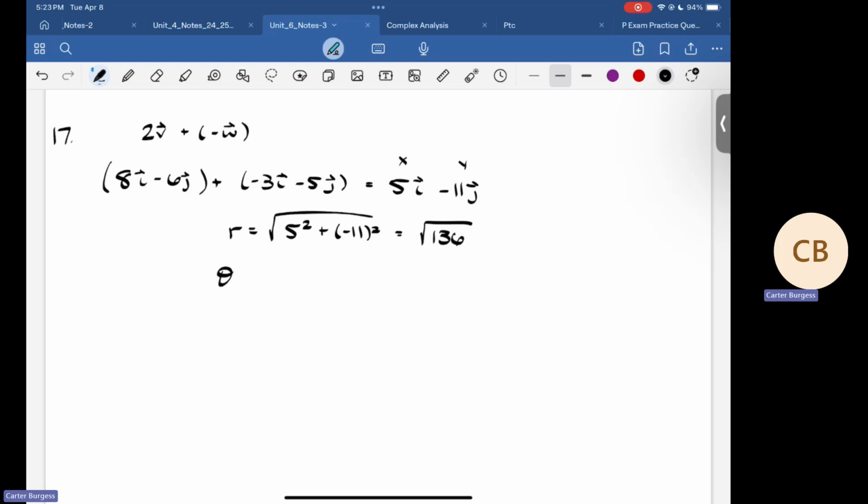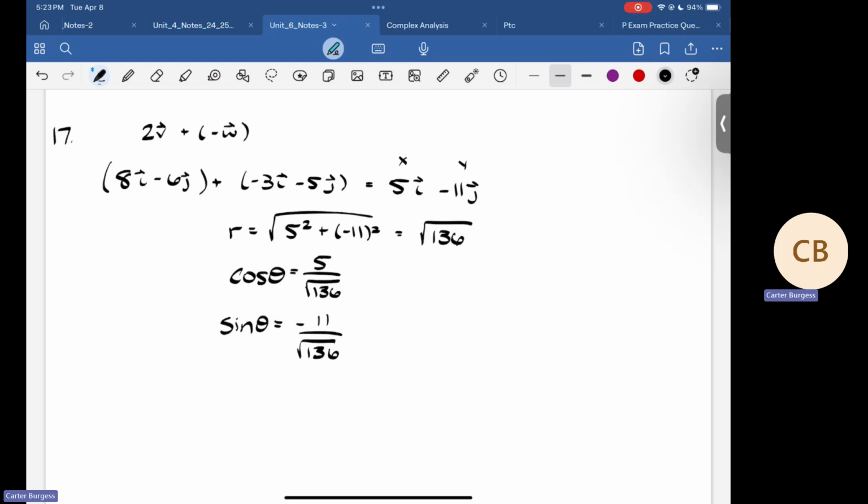And my direction, which is my theta, we can get by doing our trig setups, in this case cosine of theta being equal to 5 over the square root of 136, and sine of theta being equal to negative 11 over the square root of 136. Now, these are clearly not unit circle angles. We should not know what these thetas are.